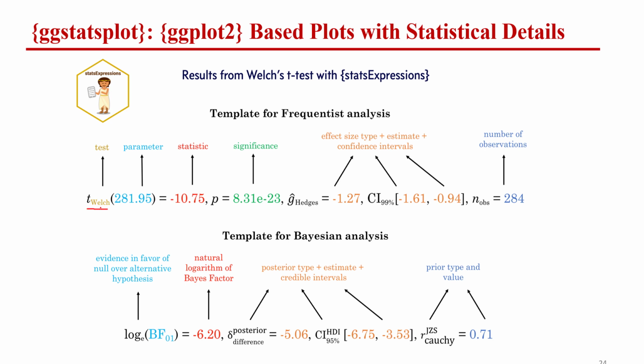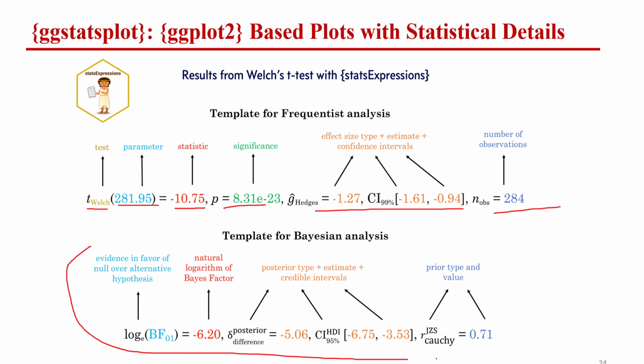If the variances are not equal, it is going to apply the Welch approximation. Otherwise, it is going to apply the Student's t-test. These are the degrees of freedom, the t-test statistic results, the p-value, effect size, confidence interval, and number of observations. On the bottom side, it is showing us the Bayesian analysis results.